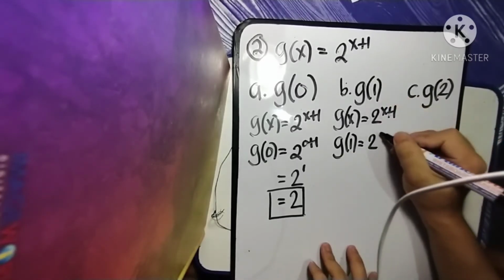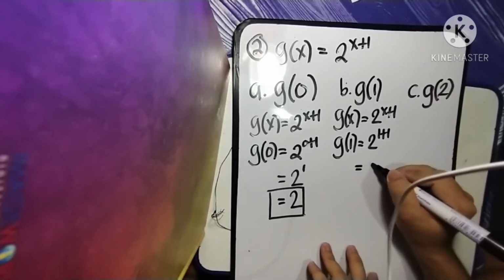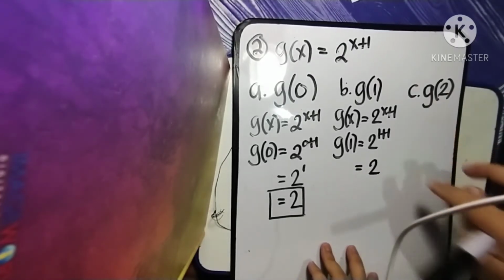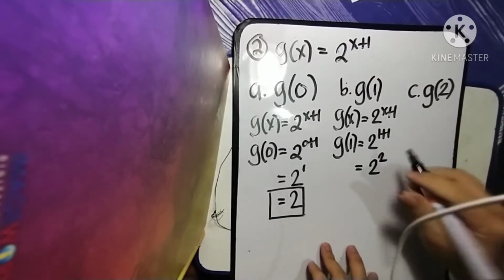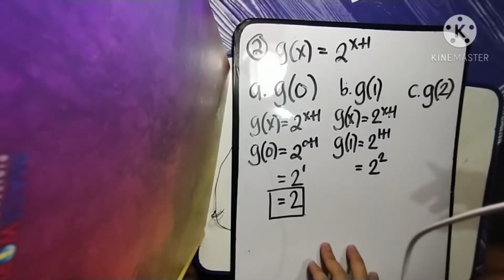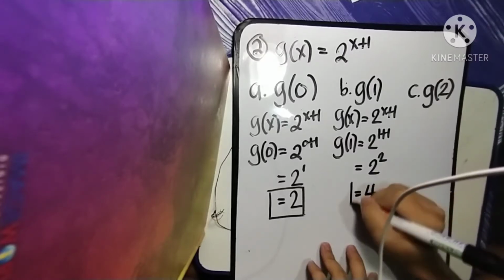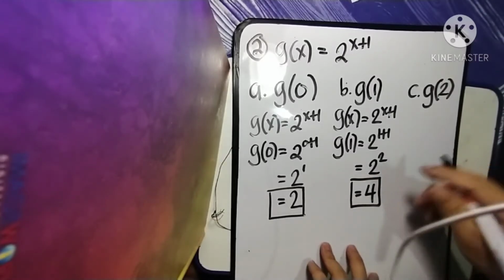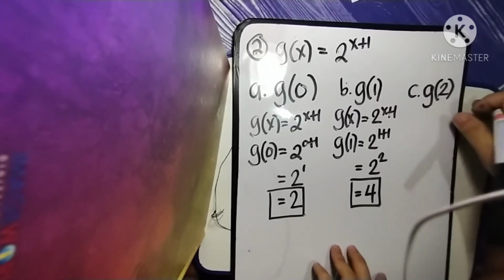Now, x is equal to 1. So, this will become 1 plus 1. Now, copy our base. Then, simplify the exponent. 1 plus 1 is equal to positive 2. Now, 2 to the power of 2 can be expressed as 2 times 2. Now, 2 times 2 is equal to 4. So, if x is positive 1, then the given value of the function is positive 4.